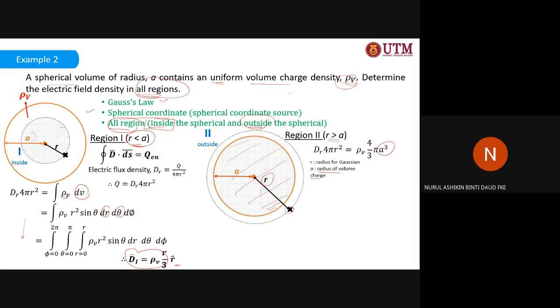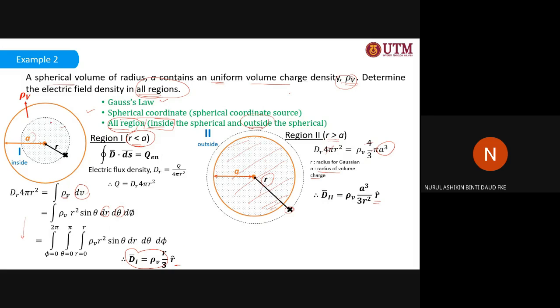All right. So if you solve this equation, you will get that at the D2 region, which is outside this sphere, you will get rho v a cubed, and this 4 can be cancelled, as well as pi a cubed over 3 r squared in the r direction. So what are the differences here?